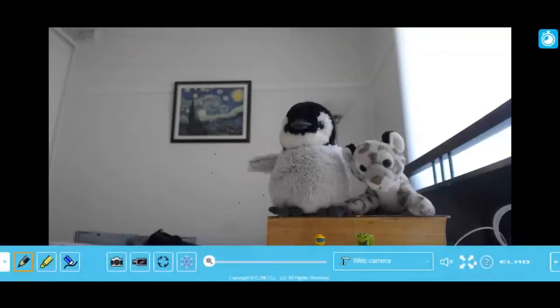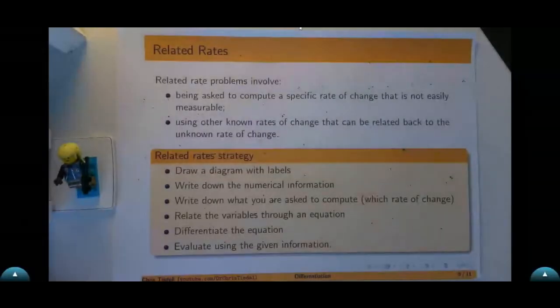Okay. You can see from, I made a little mistake there. You can see how tricky it can get, right? So don't underestimate it. All right, a little thing on related rates here. And again, I think some of you will have seen these problems before.